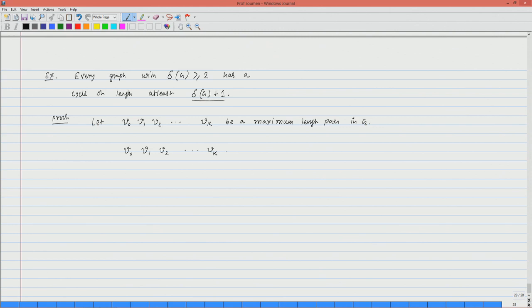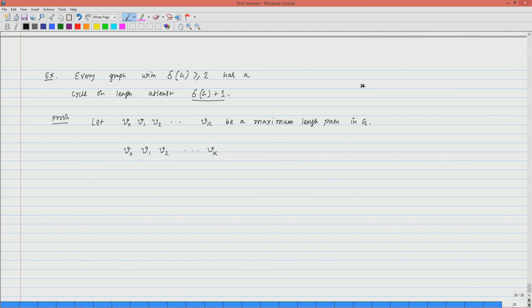Since this is a maximum length path, this proof is similar to a proof that we did to prove a result in trees, that every tree with n vertices, n greater than or equal to 2, has at least 2 leaves.